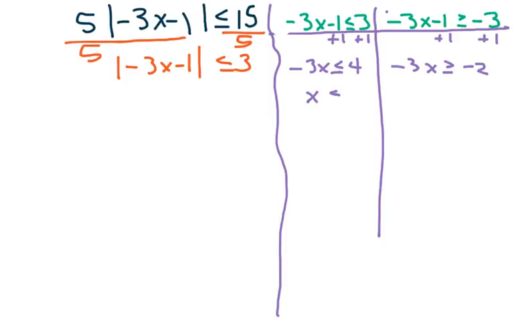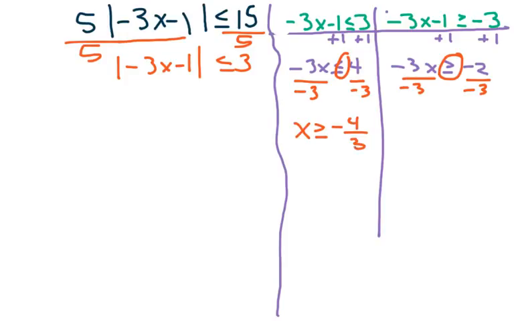You probably already know this: when you divide by a negative, you have to flip the sign. So when I divide by negative 3, I'm going to get x is greater than or equal to negative 4/3, and x is less than or equal to 2/3.